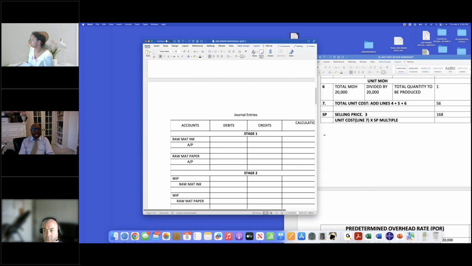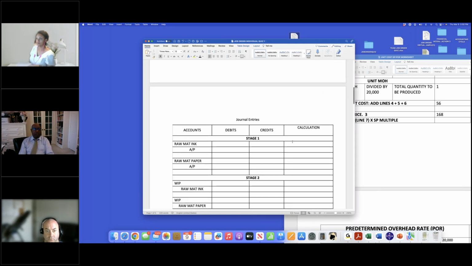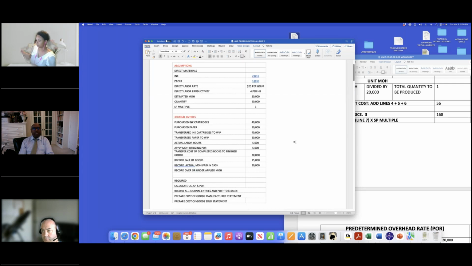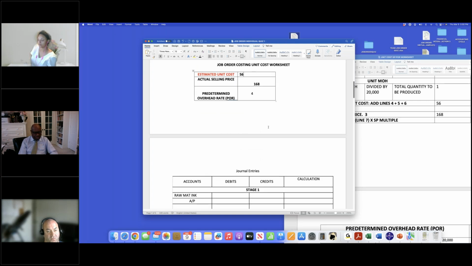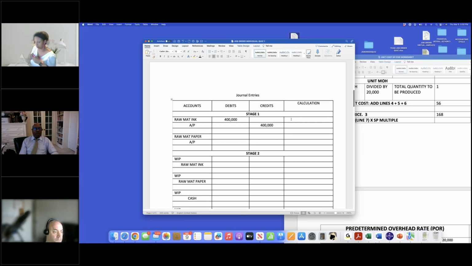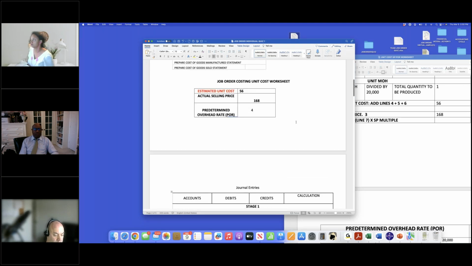How many did you buy? You say, I got this calculation, so you can put your notes in here in terms of how you're going to calculate it. If we bought 40,000 ink cartridges at $10 each, how much is that going to be? 400,000. All we did was multiply 40,000 by 10.